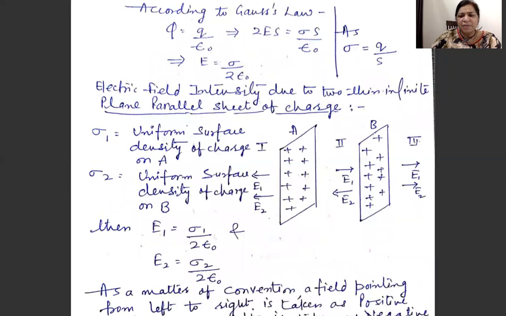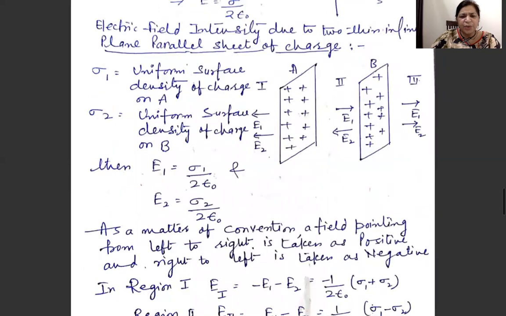Now the case is, if we have two sheets, then what will happen? If we have two sheets A and B, both having positive charge, you can see here. Let sigma 1 be the uniform surface charge density on A, and sigma 2 the uniform surface charge density on B. Because of these two sheets, you will have the electric field intensity in three regions: 1, 2, and 3.